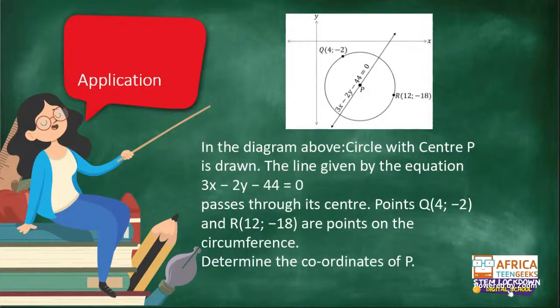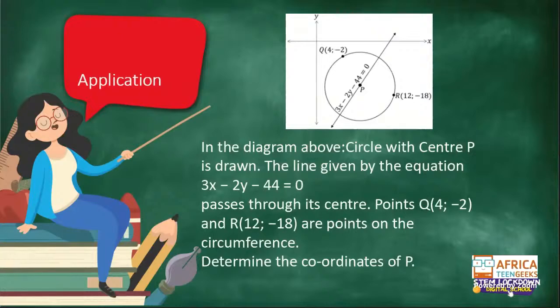But you can see as a hint that the distance between P and Q is the radius. The same also applies to the distance between P and R, which is the radius. Therefore, you know that a circle can only have one radius. So the radius PQ must be equal to the radius PR.